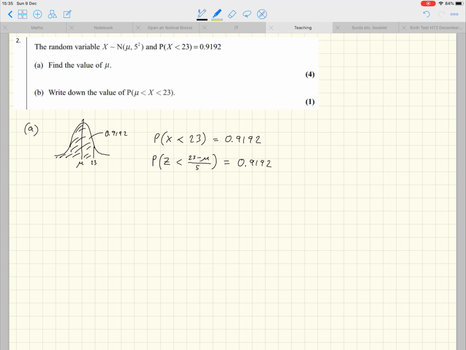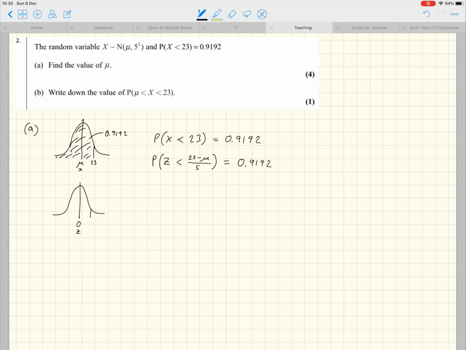Now we can use the inverse normal feature on the ClassWiz calculator, because effectively we're redrawing our normal curve, but in terms of z now instead of x.